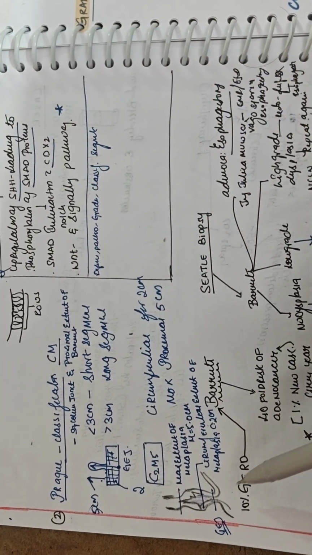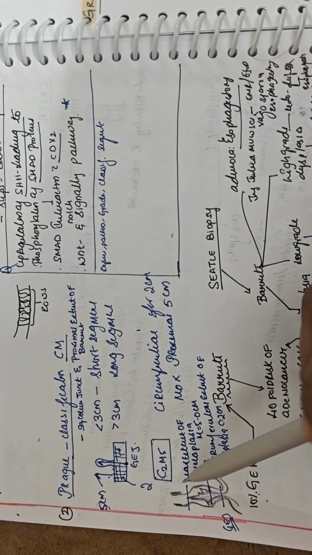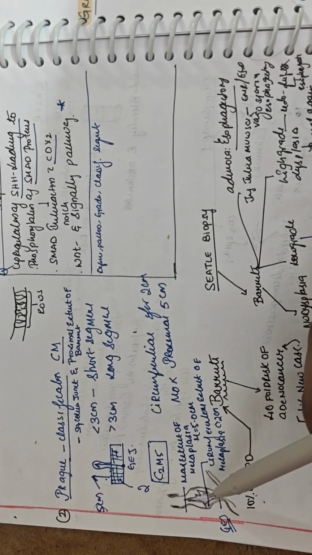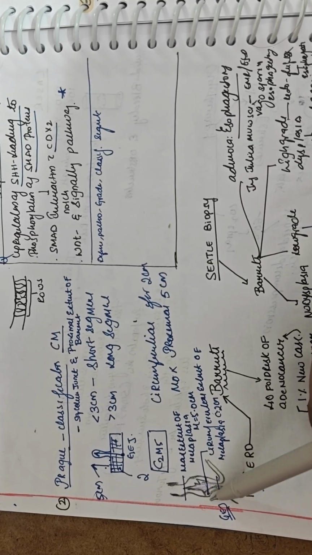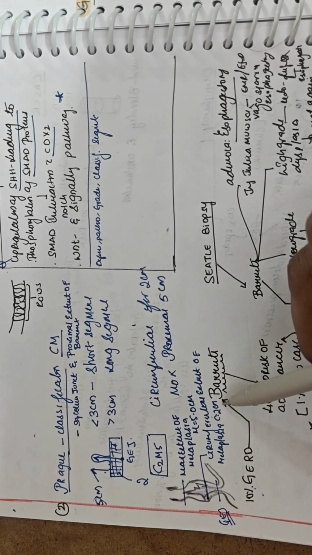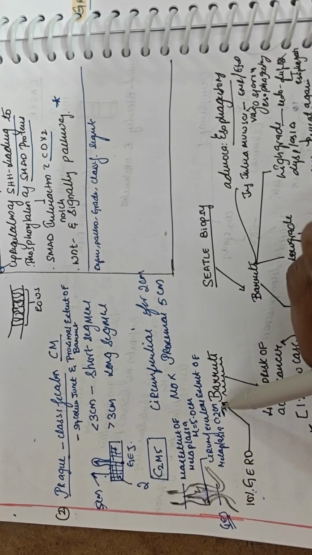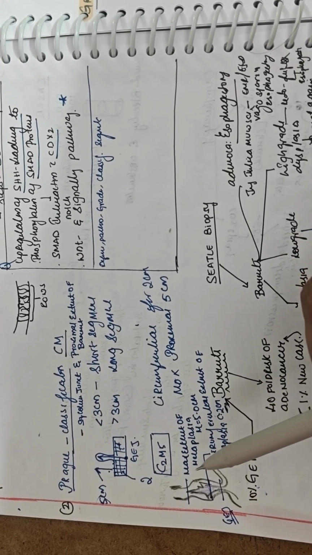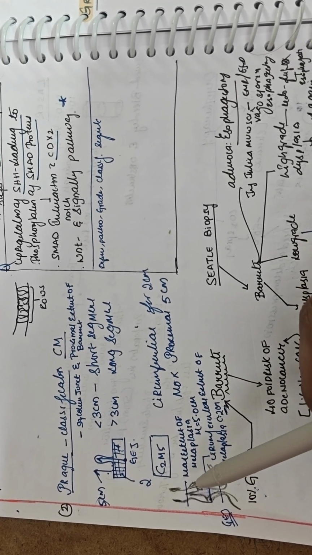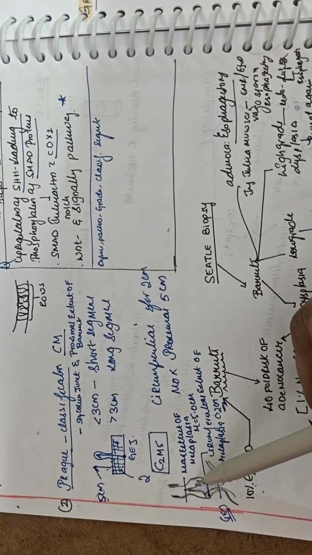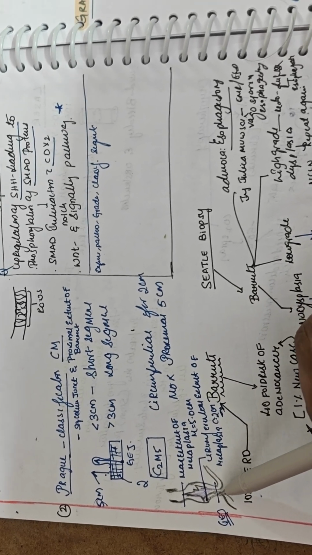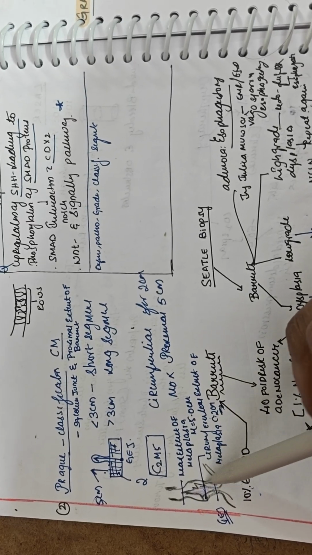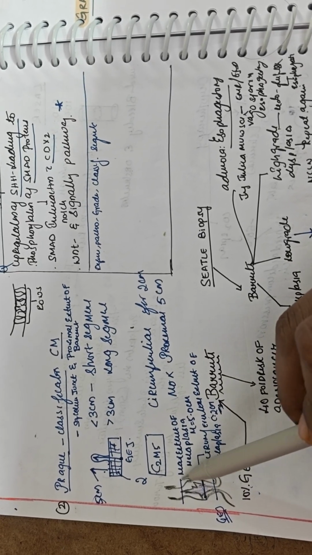So if you look at this section, this is the stomach and this is the esophagus. If you observe carefully, the circumferential extent of the metaplasia is 2 centimeters. And if you take the measurement from the gastroesophageal junction, the maximum extent of metaplasia is 5 centimeters.